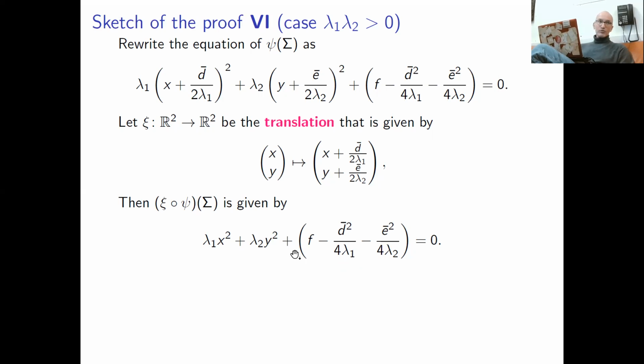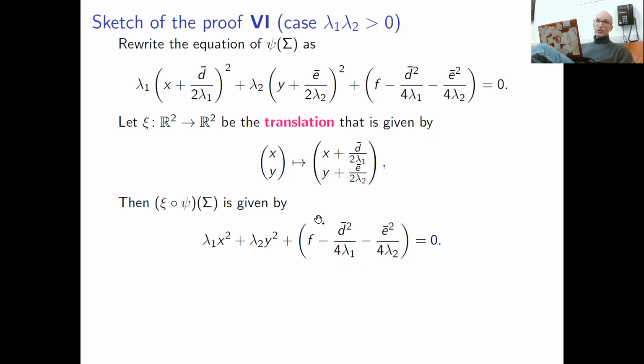Lambda 1, lambda 2, your eigenvalues, you can find them. So now we have basically three possibilities. First possibility: if lambda 1 is positive, lambda 2 is positive, and this number is negative, then this is an ellipse.